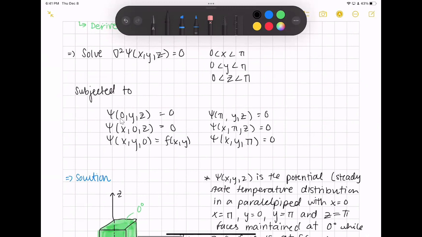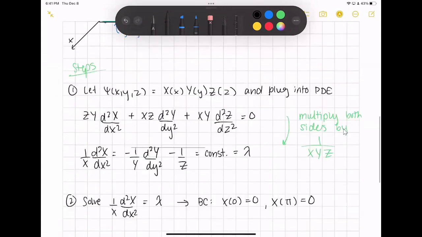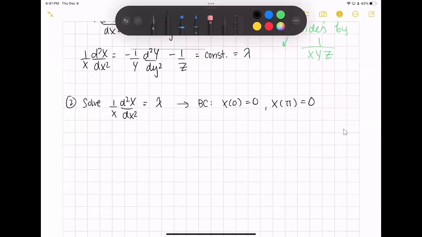So this can simplify down to x of 0 is 0, and then x of pi is 0. So these are obviously Dirichlet boundary conditions, and we know that only negative values of lambda will yield non-trivial solutions. So we know the answer to this specific eigenvalue equation.